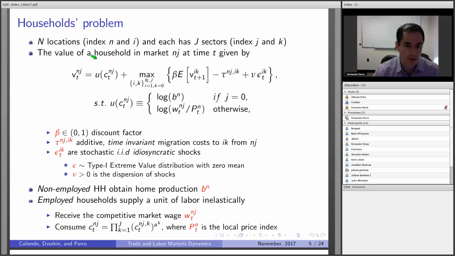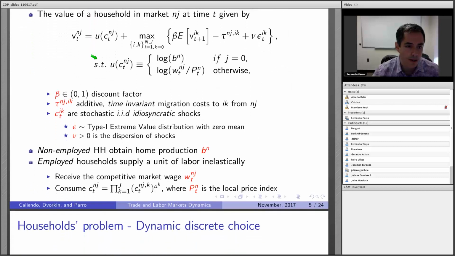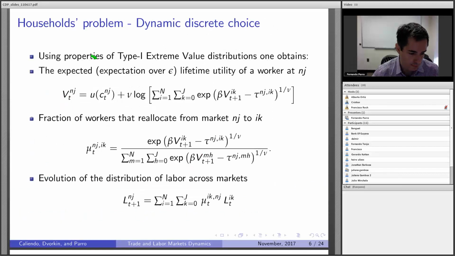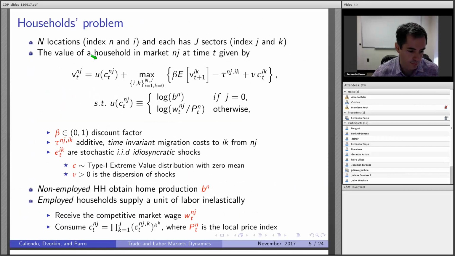So the first equation you can see here shows the value of a household in industry j and location n at time t.